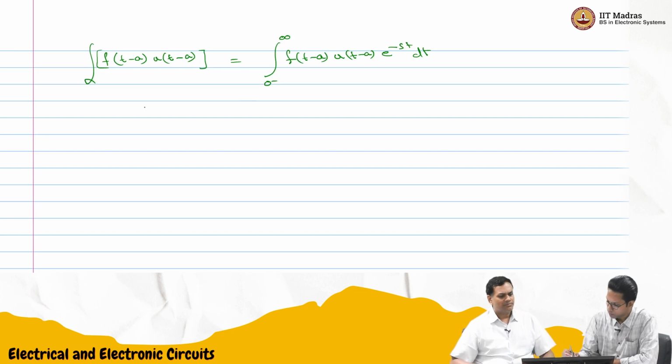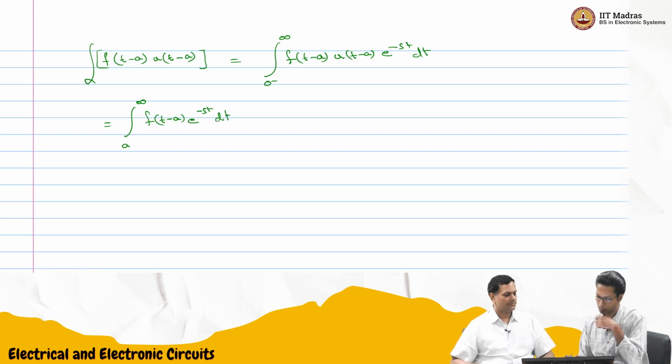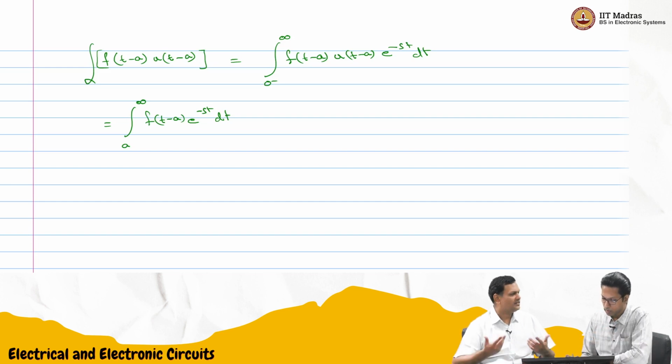So that becomes integral from a to infinity of f of t minus a, e power minus st dt, because u of t minus a is 0 till a and 1 beyond that.